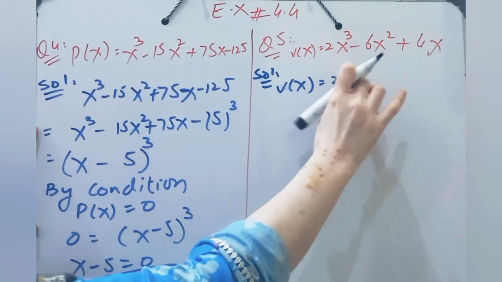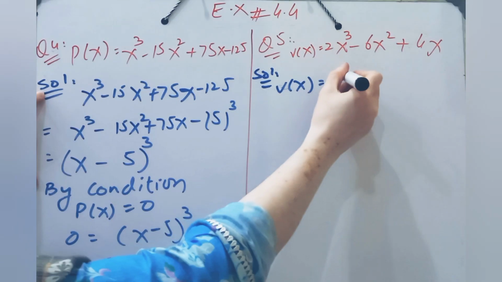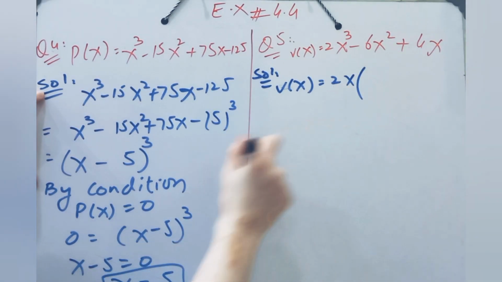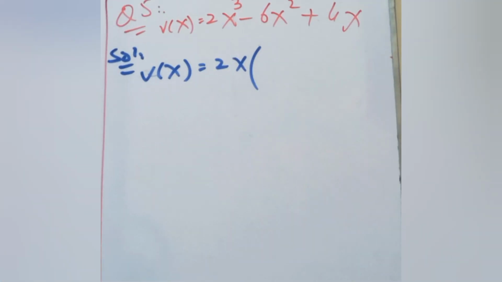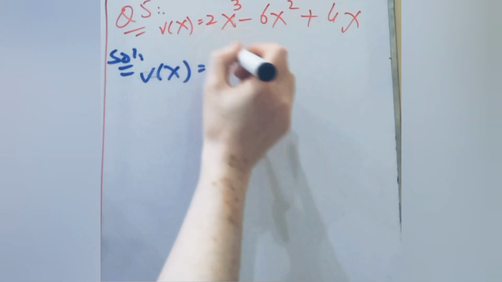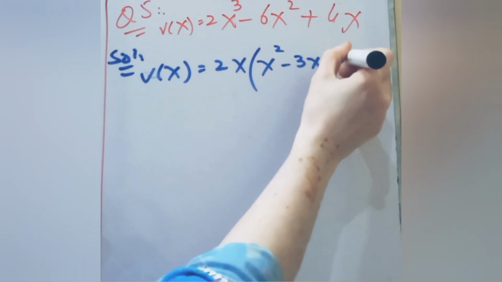One more common factor is also present: x to the power 3, x to the power 2 and x, so we take x as common. The other terms left behind are x squared, 3x and 2.